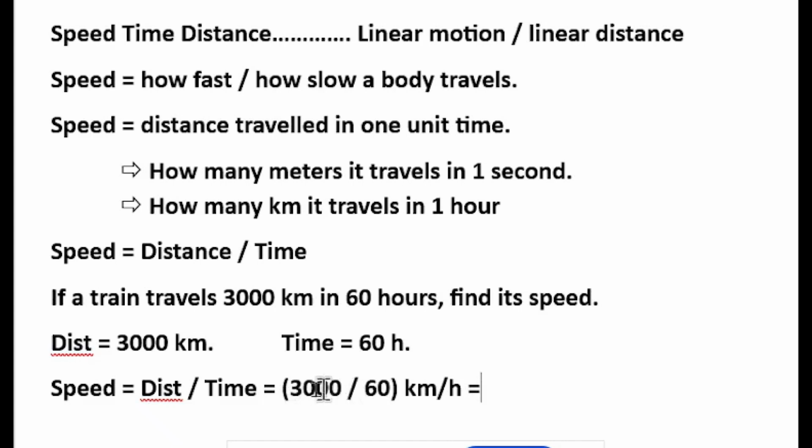So 3,000, the 0 will cancel, 300 by 6 will be 50. And kilometer per hour, or as I told you, the correct way of writing kilometer per hour.